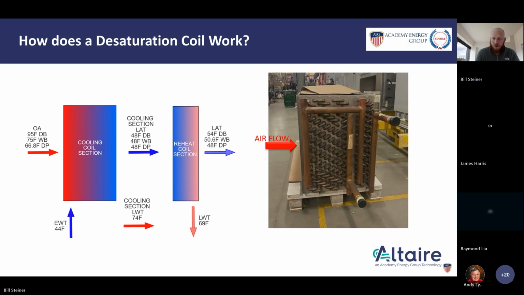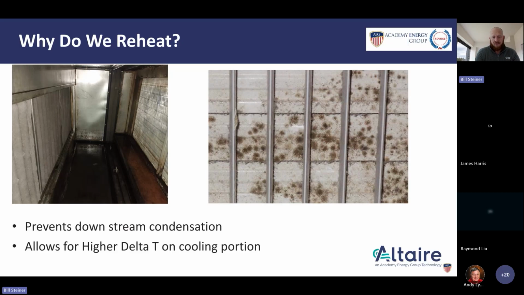Okay. So why do we need to reheat? Well, we don't want the inside of our handler to look like this. If we don't reheat, if we send fully saturated air through the system, we run the risk of having standing water.